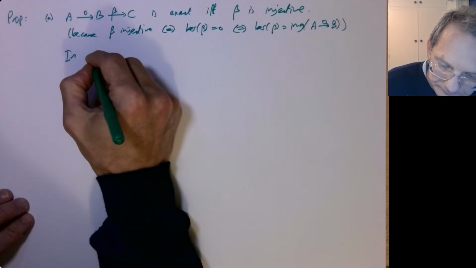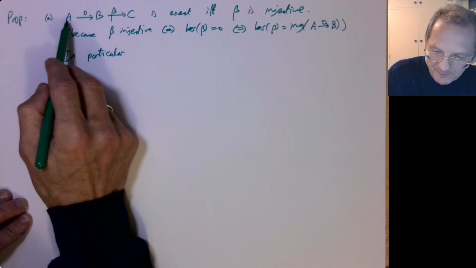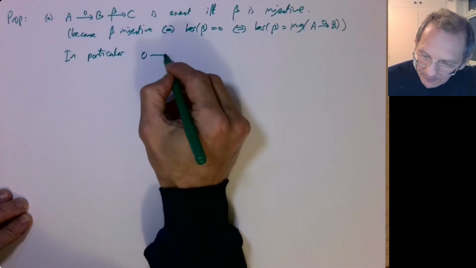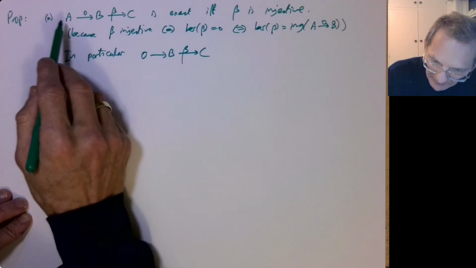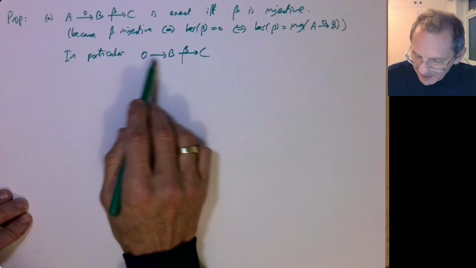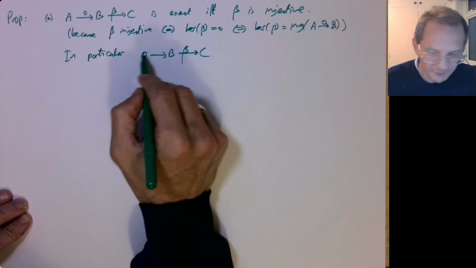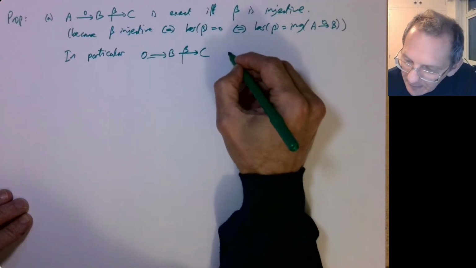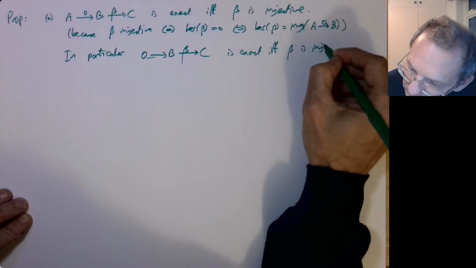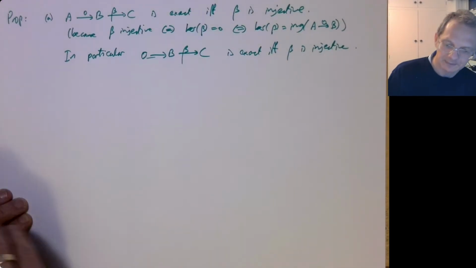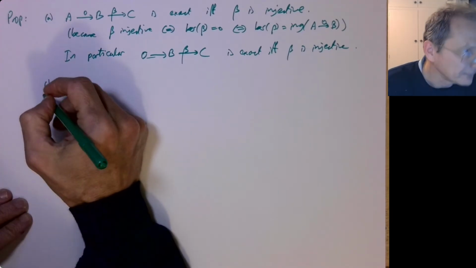This is valid whenever the map coming in here is the 0 map. It could happen that the group A is the 0 group, in which case this homomorphism is forced to be the 0 homomorphism. There isn't anything else it could be. So this is exact if and only if beta is injective.